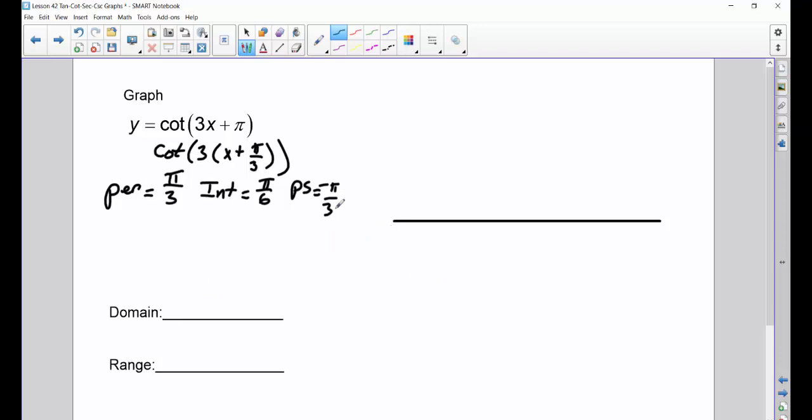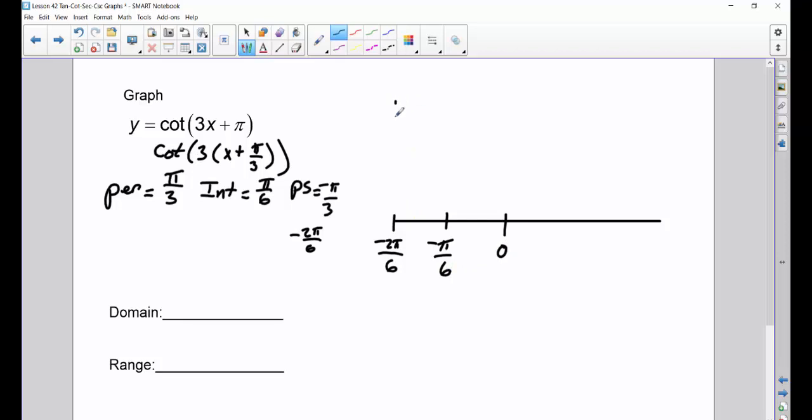Let's start at, instead of negative pi over 3, let's make that sixths. So that's negative 2 pi over 6. We'll start there, like so. And then we increase by pi over 6, so that's negative pi over 6. And that's going to be 0.